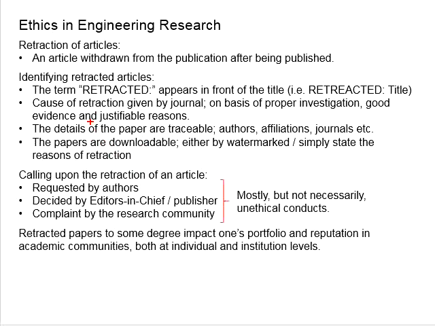The details of the papers will be traceable. This includes the authors, affiliations, journals, and so on. For some journals, the papers are still downloadable, either with a watermark or simply stating the reasons for retraction.